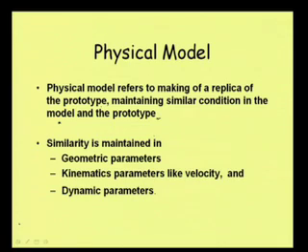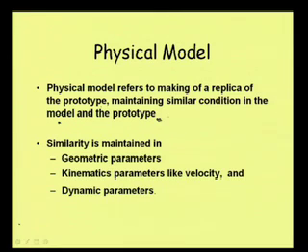Now, can we call this a model in the true sense for our engineering purpose? Definitely not. So, this model will have to satisfy some conditions, or it will have to have similar conditions as that of the actual field. The field which is the actual one, that we call the prototype, and what we are making as a replica of that we call the model.